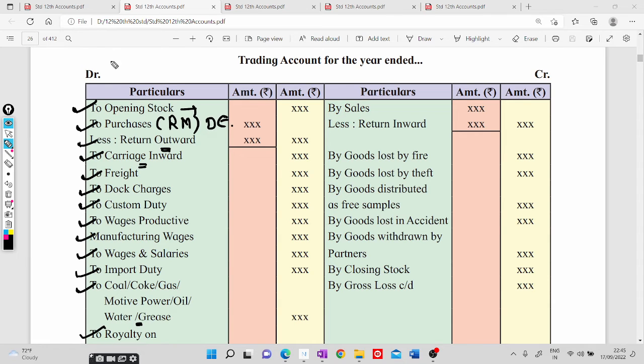All these are direct expenses, related to the manufacturing activity or factory. On the credit side, you can see direct income.